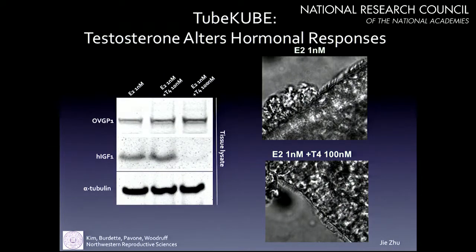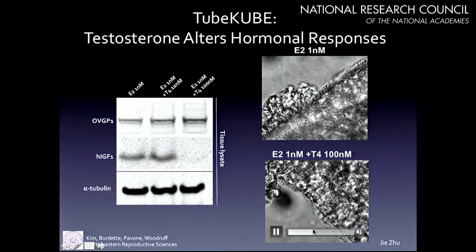And I just want to show you this very interesting slide where we added testosterone into the system to see what it would do to cilia beating as well as secretion of oviductal glycoprotein 1 and IGF-1. And you can see that OVGP1 does increase when testosterone is present. It decreases level of IGF-1, and strikingly, you can see that the cilia beating here in response to estradiol, but as soon as you add in testosterone, that cilia beating does not occur. And so it's a very nice marker for looking at exogenous compounds to test physiological function.